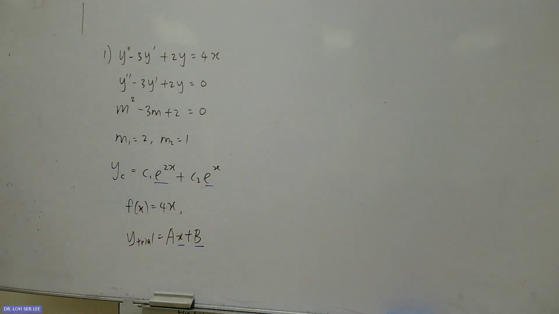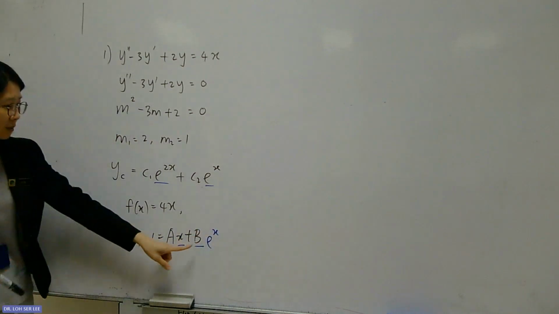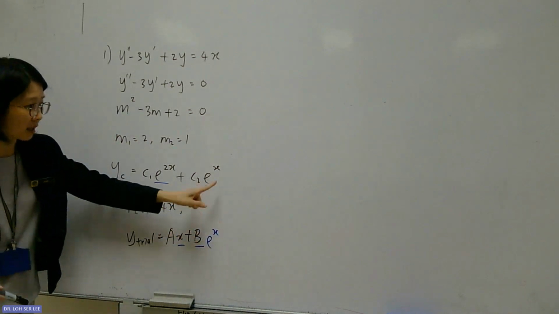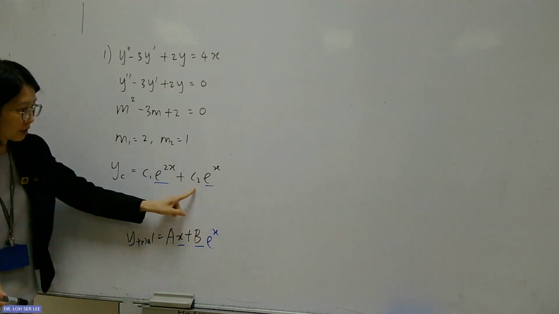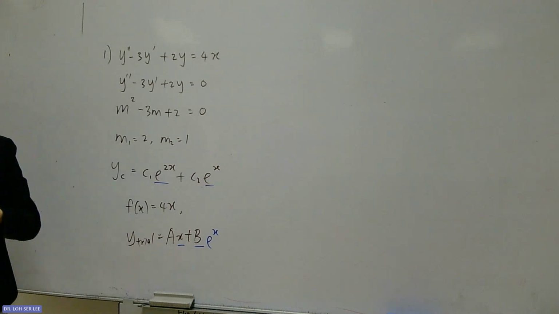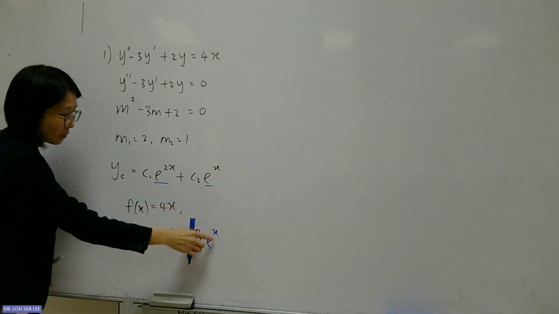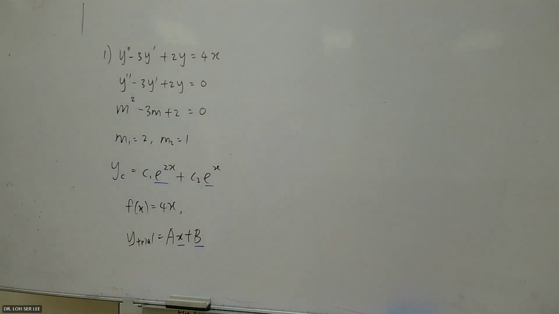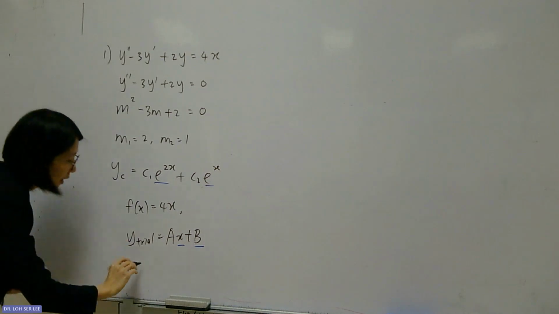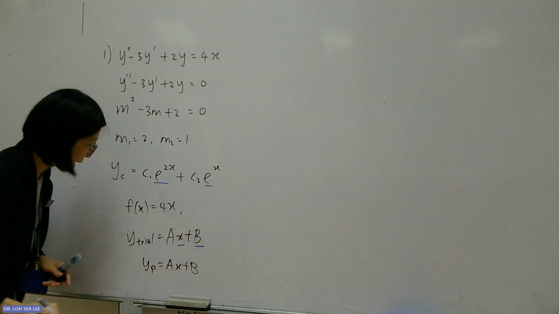Duplication means if you have, let's say, b e^x, that means this duplicates, because b is a constant, c2 is another constant. That's why we use the term duplicate, that means they are exactly the same function. So do you see any duplication? No duplication. So ax plus b is your yp.